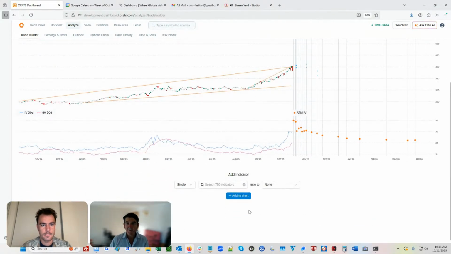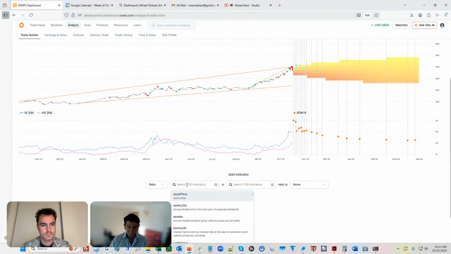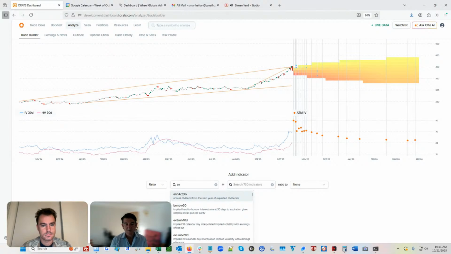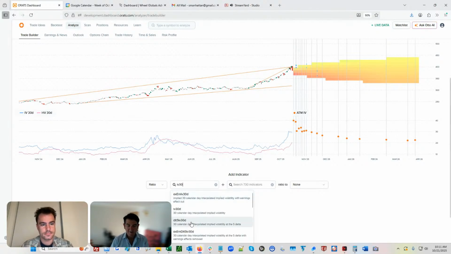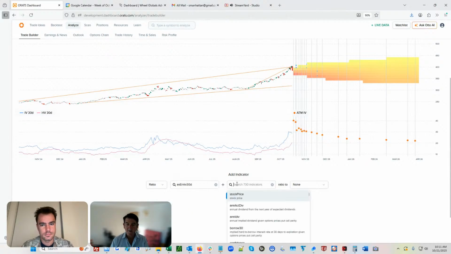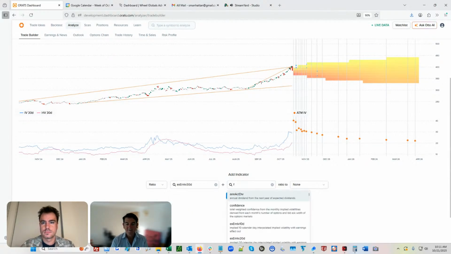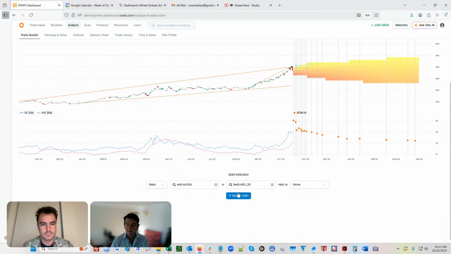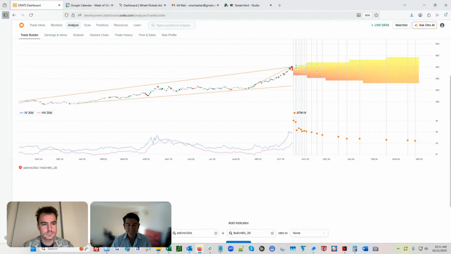So in the trade builder, we could also look at this. We could create this over here too. Let's see, IV 30, and it'll come up as X earnings, and then we could go FEX, 60/30. So we could add this to the chart.